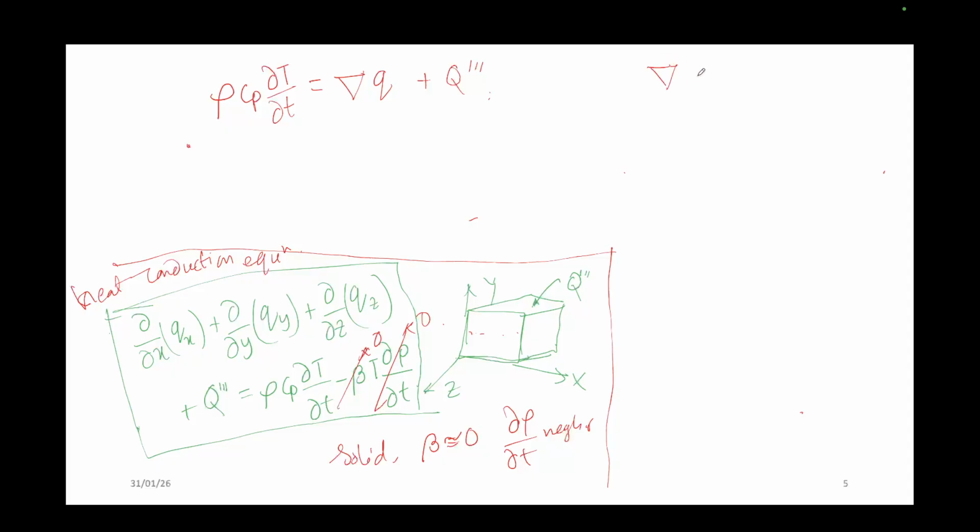If I talk about a vector, this is basically d/dx of i cap plus d/dy of j cap plus k cap. Okay, but if it is not a vector, then i, j cap is not required. So here if you just put it, you will get this term. Okay, so now if I talk about this q here, from Fourier's law, what do we have?